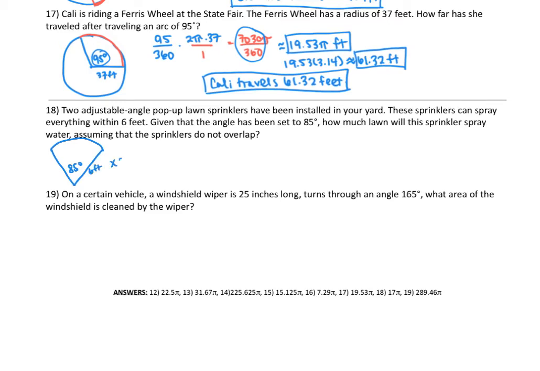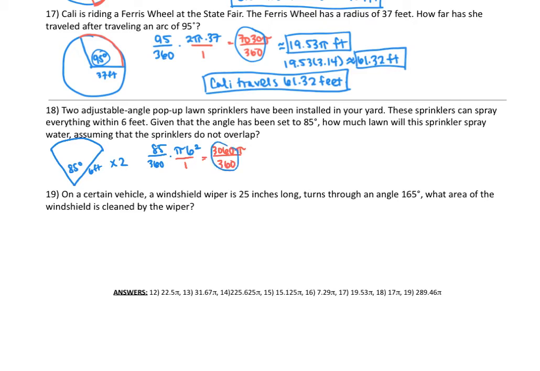But remember, we do have 2, so we are going to multiply that by 2. So first I'm just going to find the area of 1. So 85 over 360 times pi times 6 squared. So 85 times 6 squared is 3,060 pi over 360.